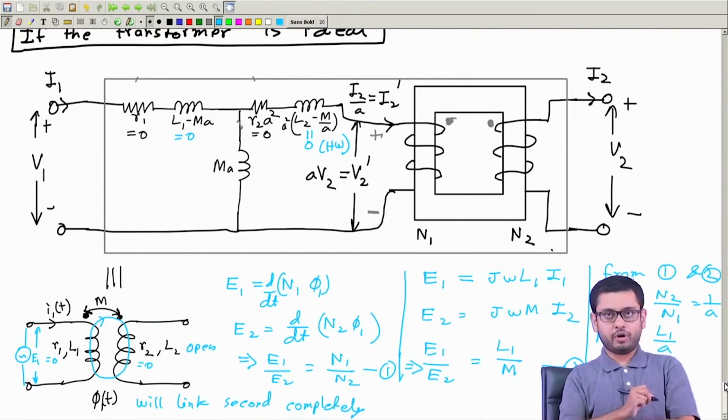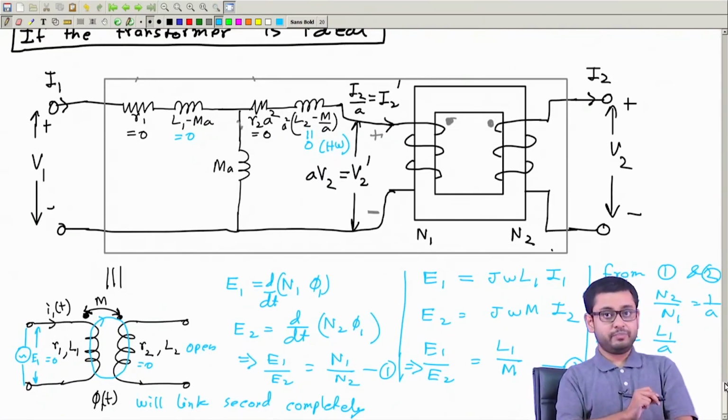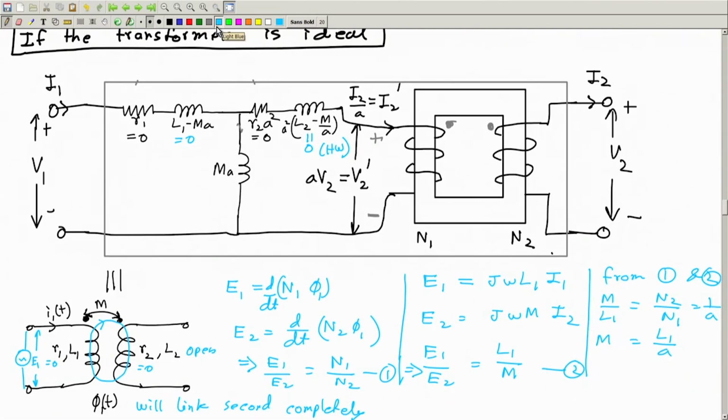So we had a long class, but this is actually a recapitulation, a review of all the elementary concepts required to understand transformers better. And also this M will be very high. So this will be infinite for an ideal transformer. Why?